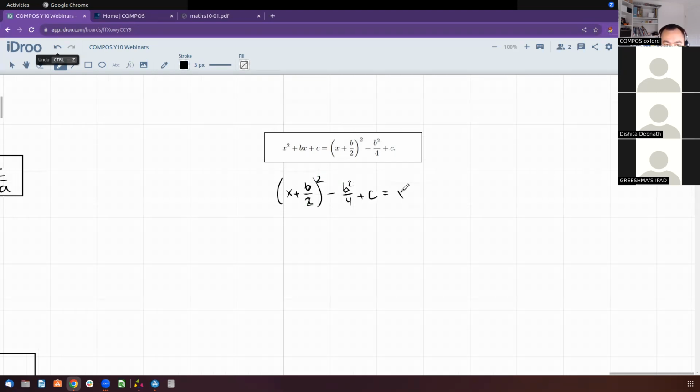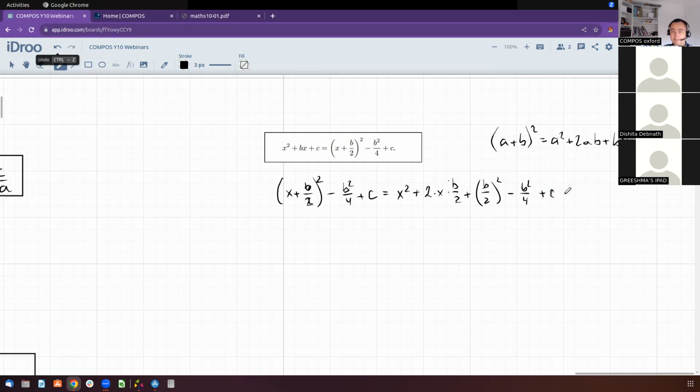Open the bracket, so it's x squared plus, we use the formula for the square of a sum. So it's going to be 2 times x times b over 2. We're using the formula a plus b squared equals a squared plus 2ab plus b squared. So we're doing this here, and that plus b over 2 squared minus b squared over 4 plus c.